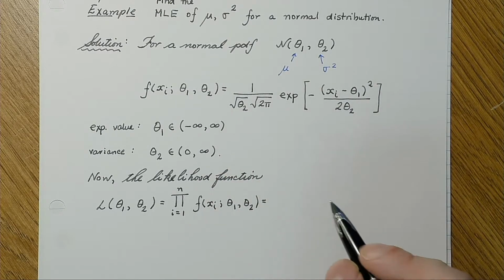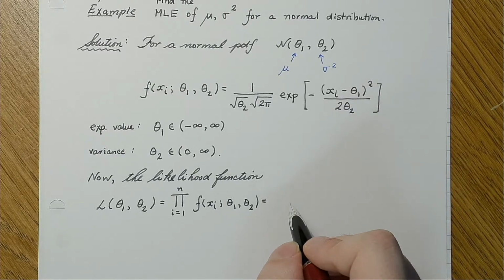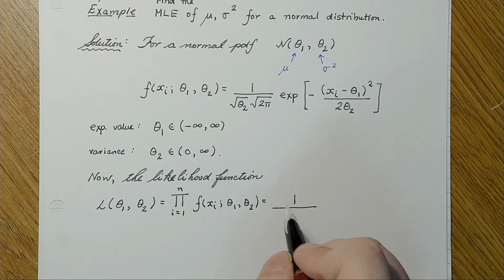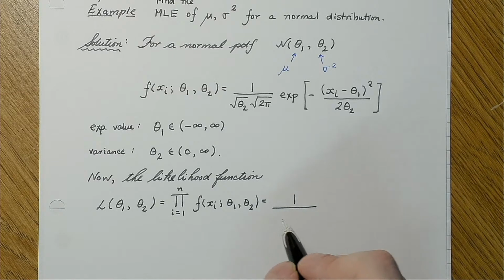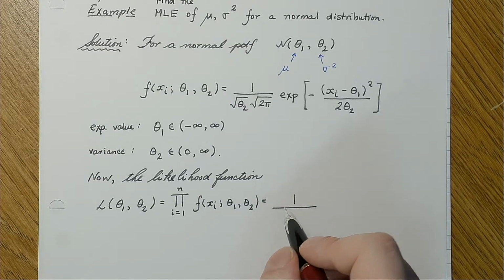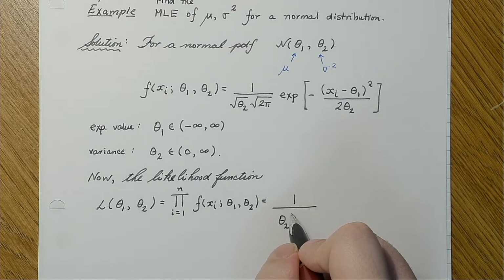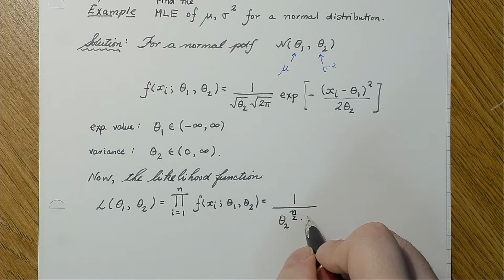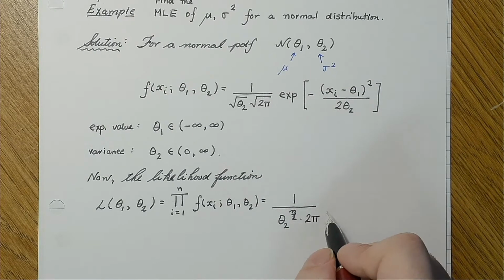So again, you'll start grouping your terms together, and what you'll get is 1 over, so you'll have this n times, and this will be theta 2. So it's a half times a half times a half, so it'll be n halves, or n over 2, times 2 pi. And again, this would be n over 2.